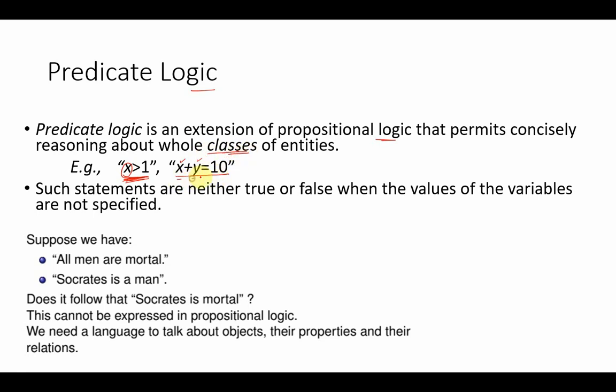Now this x and y were not simple numbers, they were actually variables, which can take on a number of values from a universe of discourse. Such statements are neither true nor false unless we specify the value of the variable.